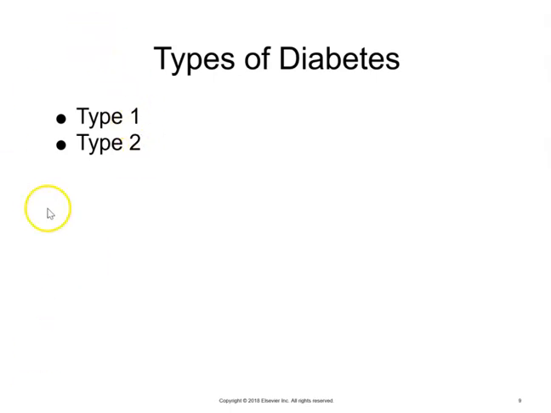It's very important to note the differences between these two types of diabetes, the causes of them, such as, for example, with type 1, sometimes this is caused by illness. So it's important to differentiate between the two. Genetics do play a factor in type 2, but there are also some modifiable risk factors here.